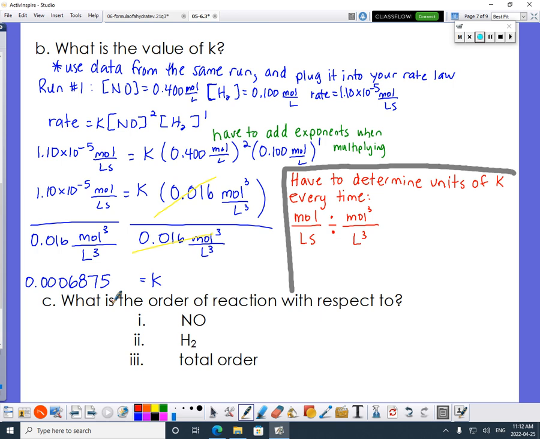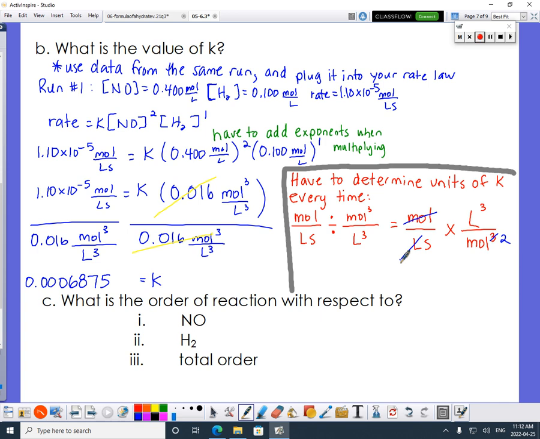If you divide fractions, you have to multiply by the reciprocal. And now you can start crossing stuff out. So this mole will cancel one of these.